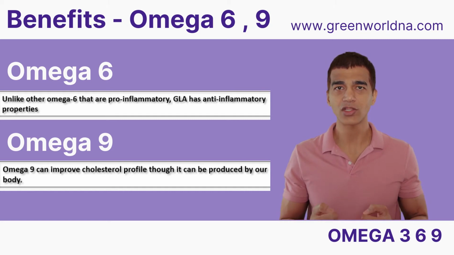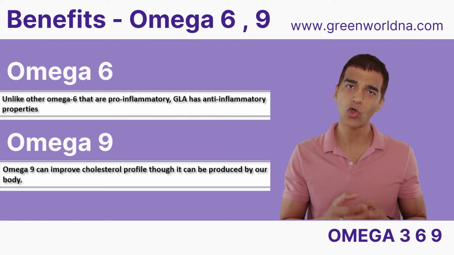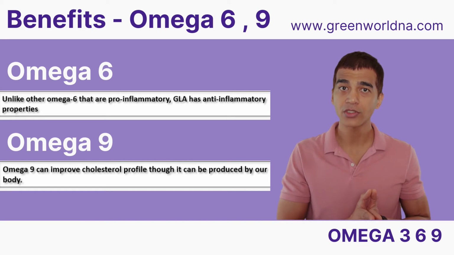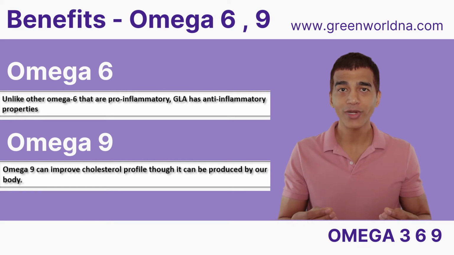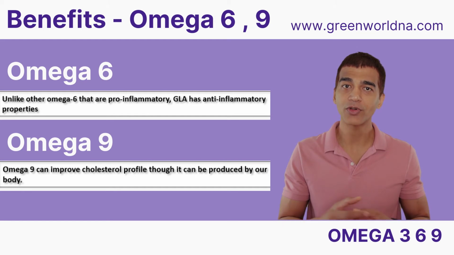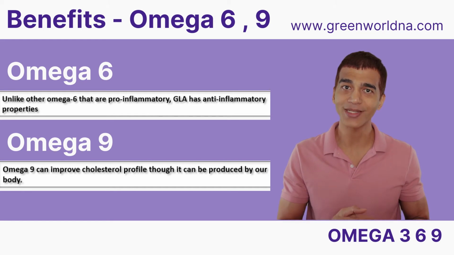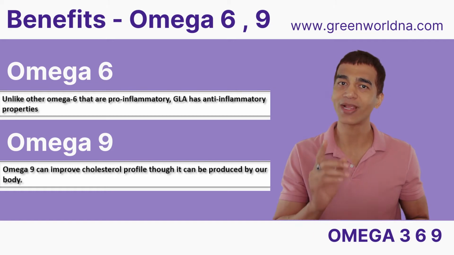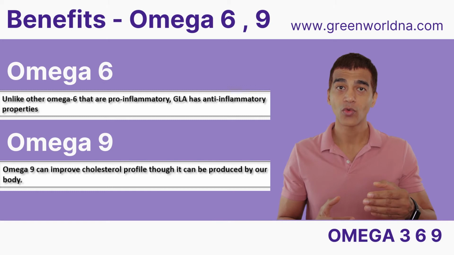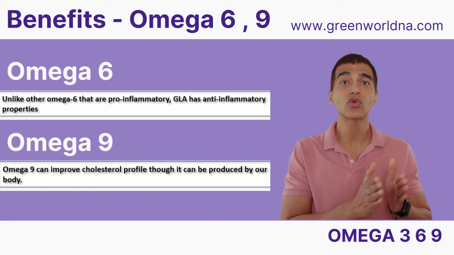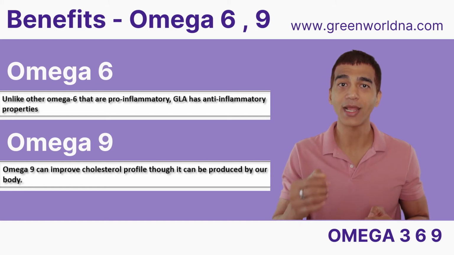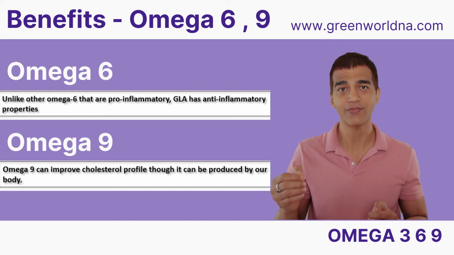Similarly, in our body as well, our tissues and cells are always under the threat of viral or bacterial infection and they also need protection. So a temporary inflammation is required even to protect our cells and tissues, and that inflammation is created again by using omega 6 fatty acids. Now, that inflammation needs to go down as well, and for that we need something which is anti-inflammatory, and that's why we need omega 3 fatty acids.